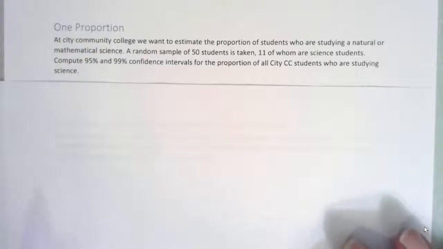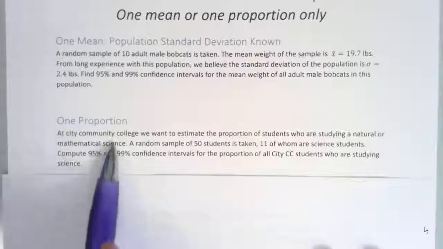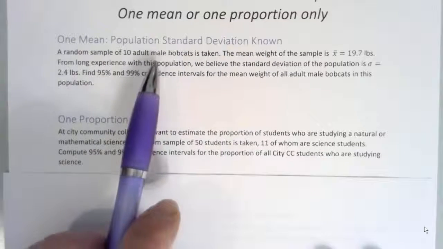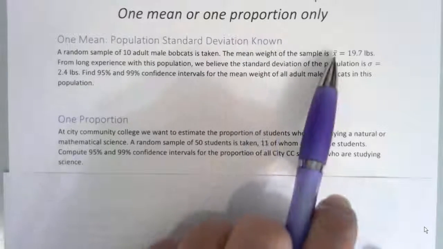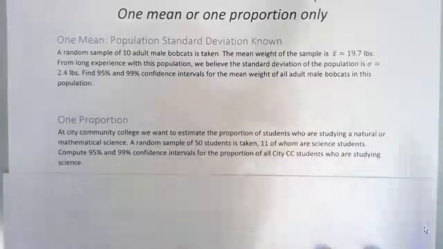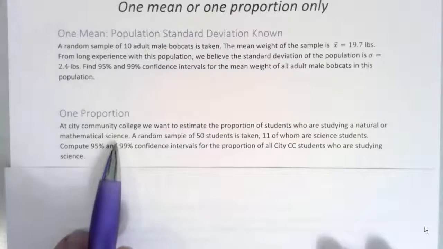Now, the thing that tips us off about the difference between this problem and the one we did earlier about the average weight of adult male bobcats is this. Here, we're taking measurements and then we are computing an average, or you could say a mean, of those measurements from the sample. In a proportion problem, we're not doing that.